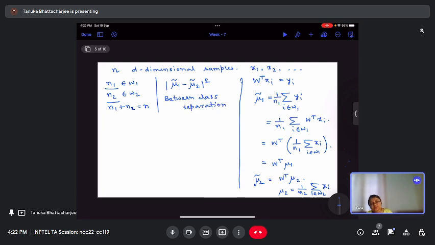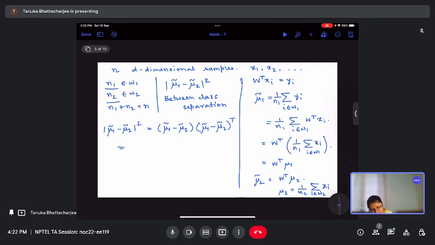So if you expand this expression, you can write it like that: mu 1 tilde minus mu 2 tilde into mu 1 tilde minus mu 2 tilde transpose. This is the expression for the between class separation.